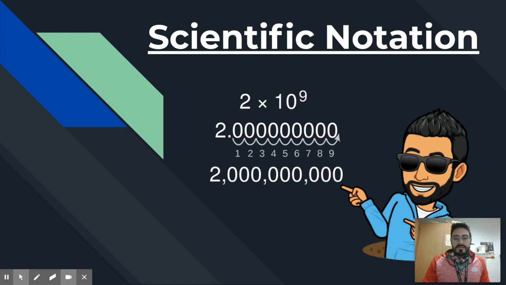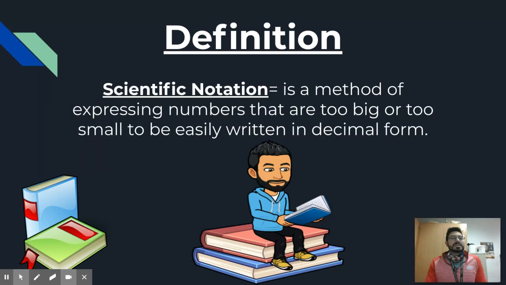The definition of scientific notation is that it's simply a method of expressing numbers that are either too big or too small to be easily written in decimal form. Like the 2 billion number, or it might be 0.000000002. So either really, really big or really, really small, we use scientific notation for.